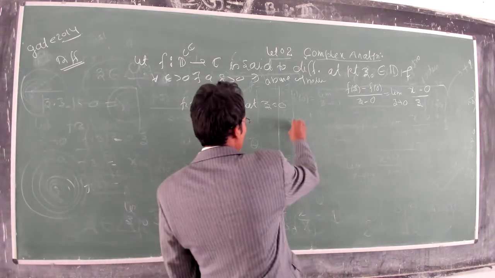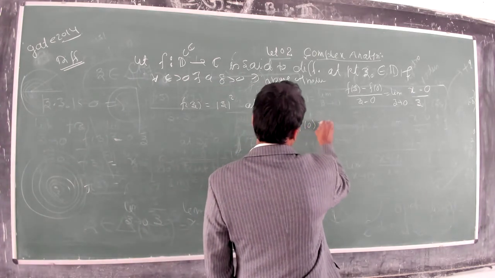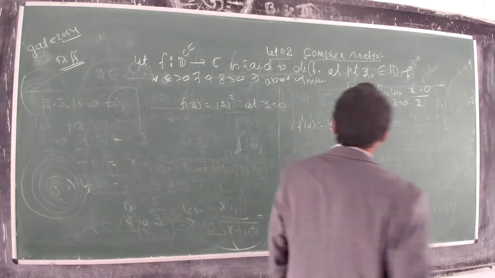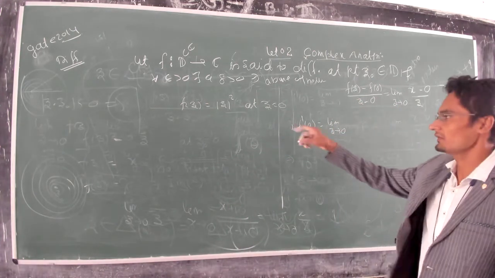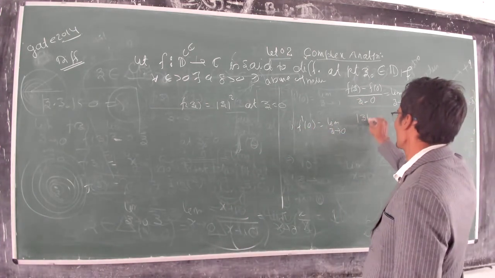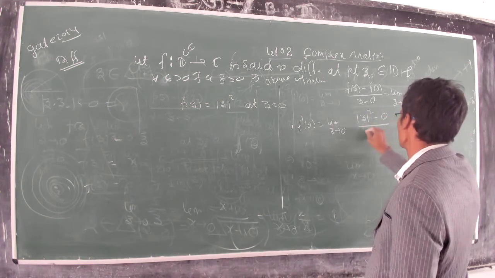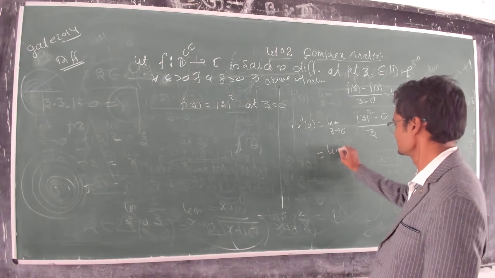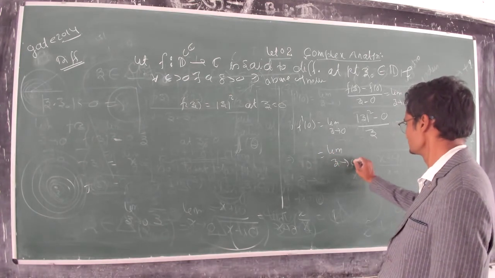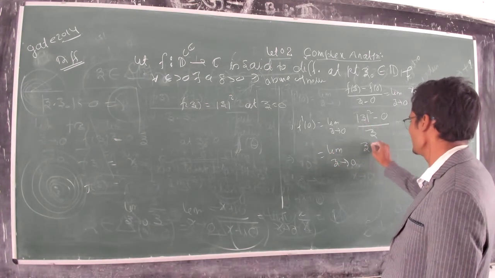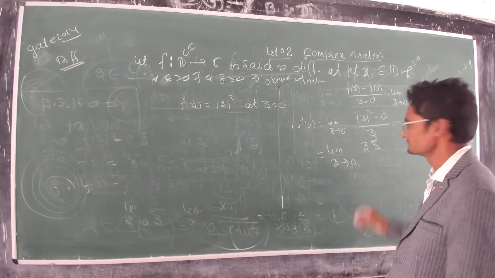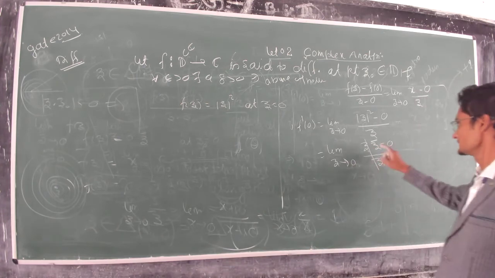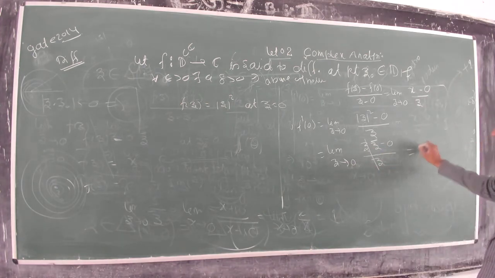Now, by formula, so what is your f of z? Mod z square minus 0 over z. Mod z square can be written as z into z bar. Then the limit as z goes to 0, this will be 0.